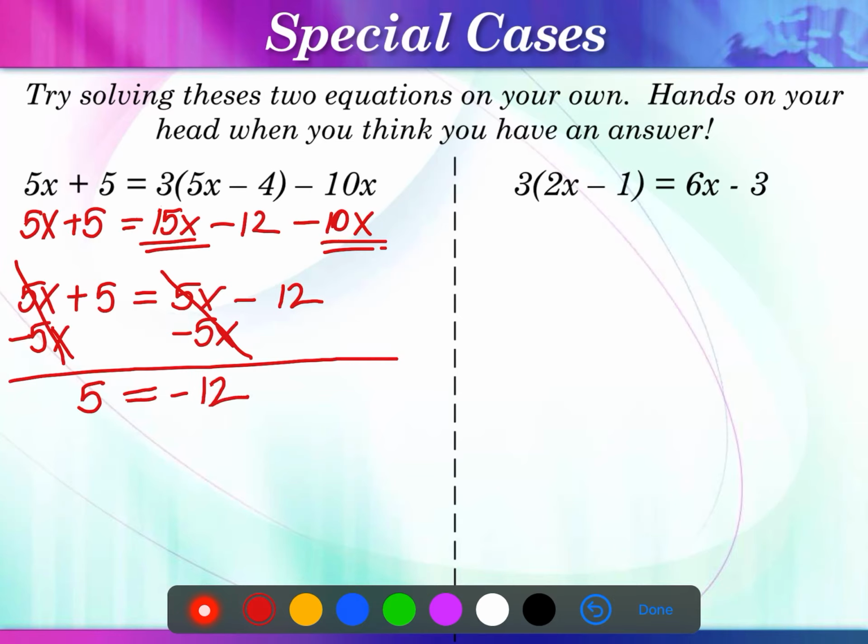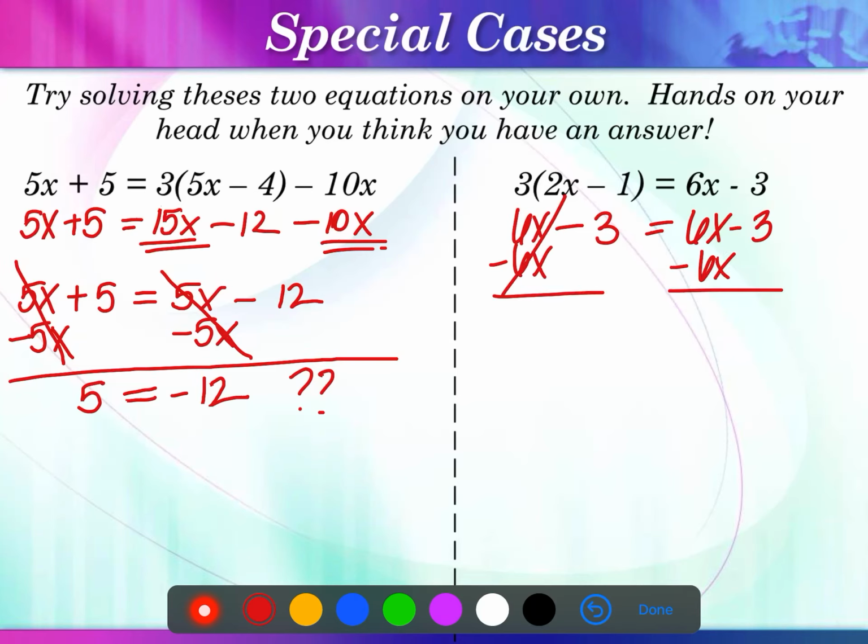Well, and I'm in this weird situation now. 5 equals negative 12. I don't really know what to do with that yet. All right, so I'm going to leave that. I'm going to look at my second example. Okay, distribute. There's no like terms. But again, I have the same variable to try and move to the other side, so it doesn't seem to matter. Get rid of that one.